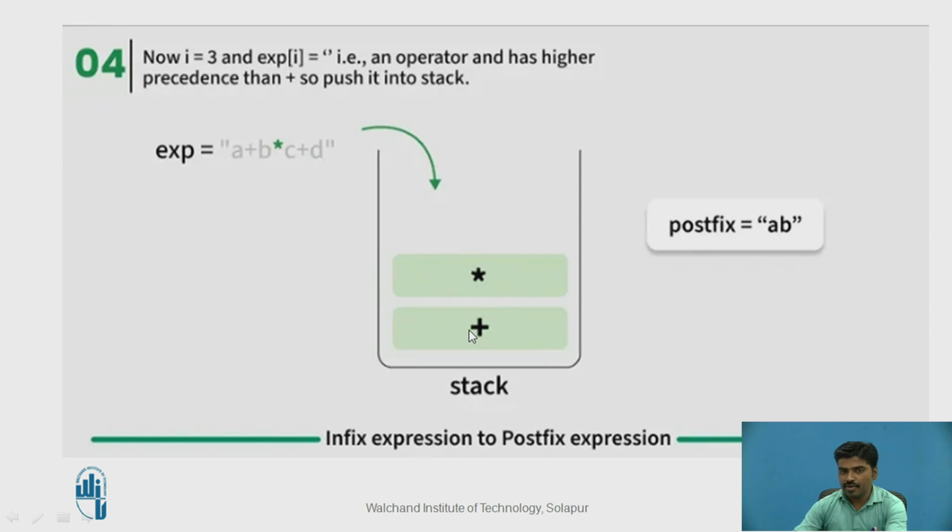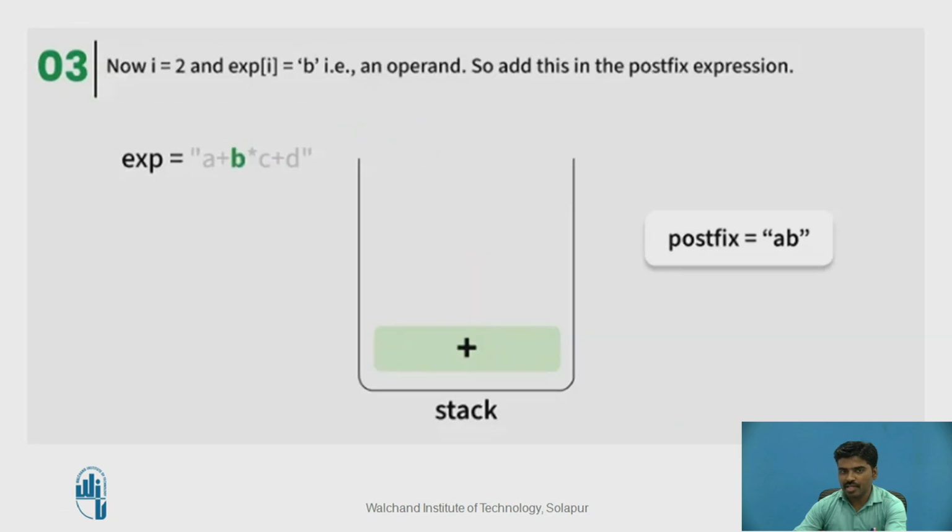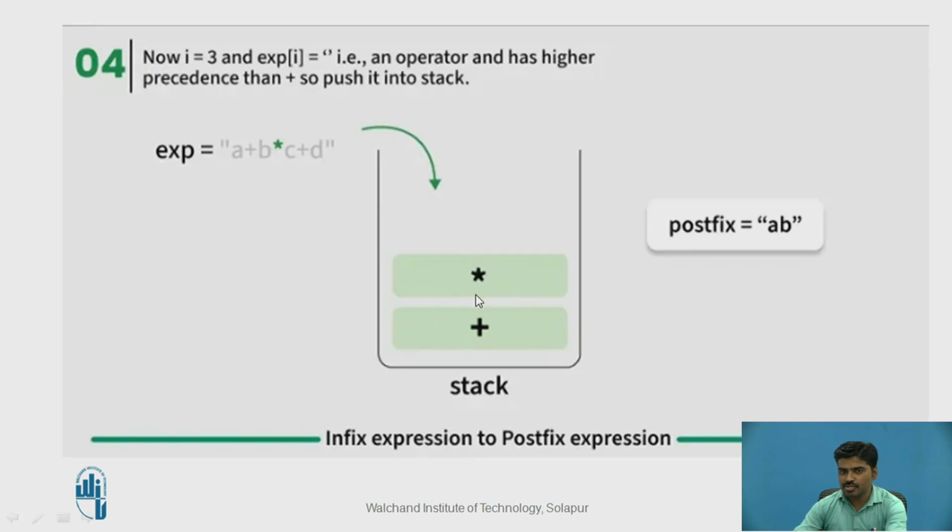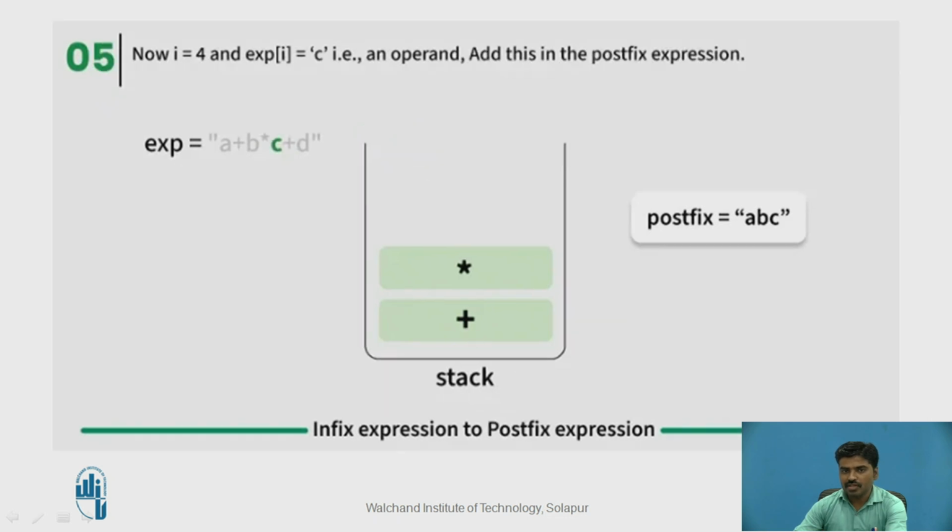So plus is the previous stack element, and you can directly push into on the top of the stack, because into has a higher precedence compared to plus. The next operand is C. Because it is an operand, you directly put it into the postfix string, and the postfix string now contains A, B, C.